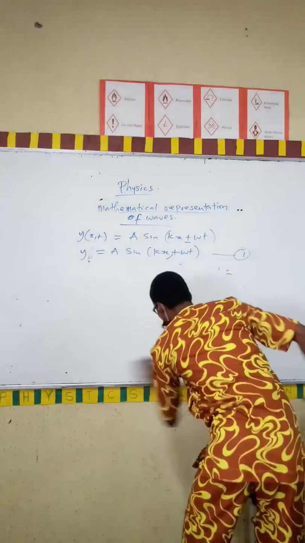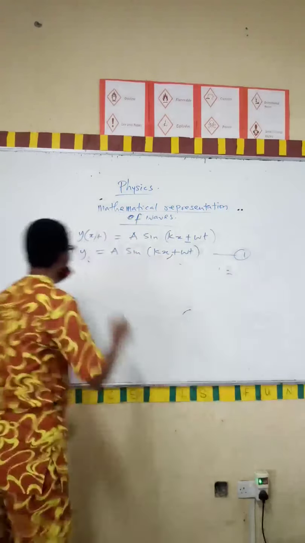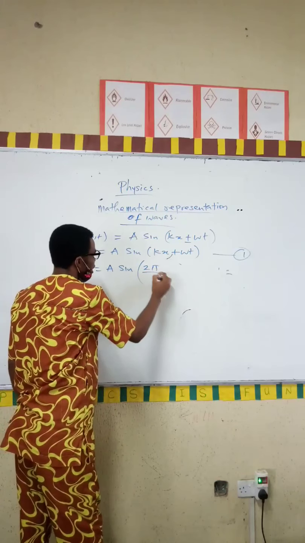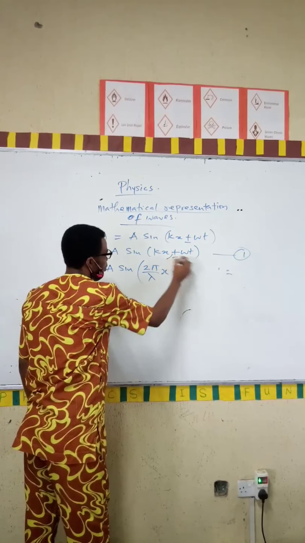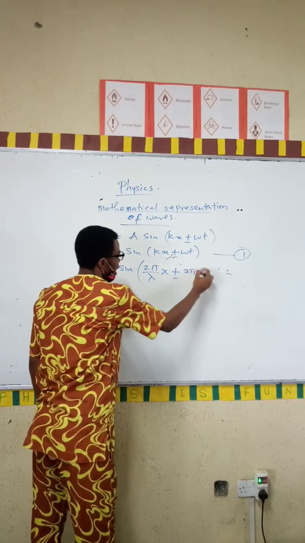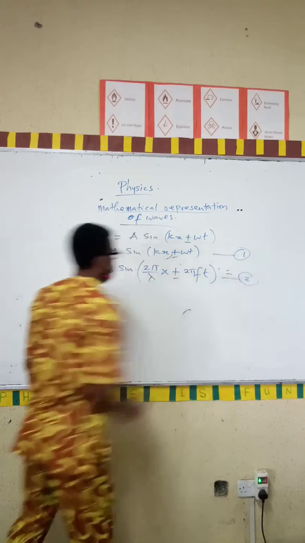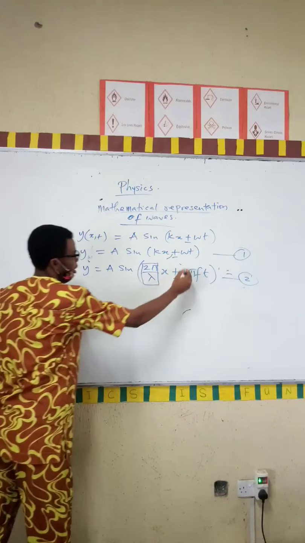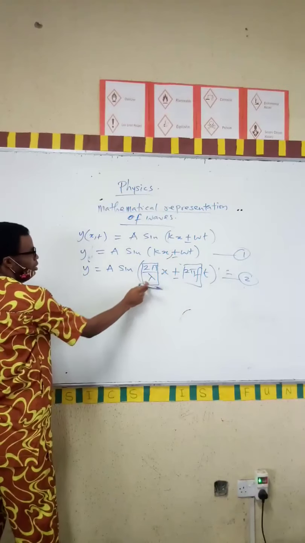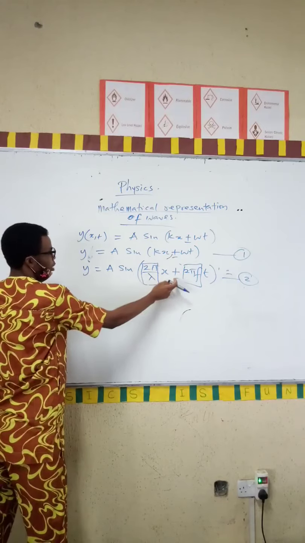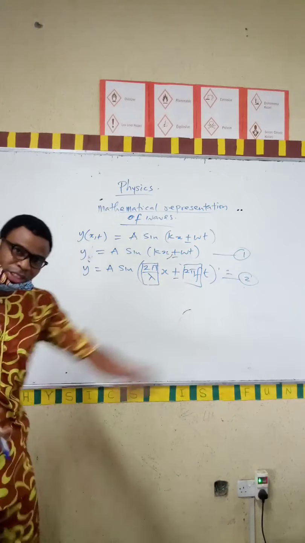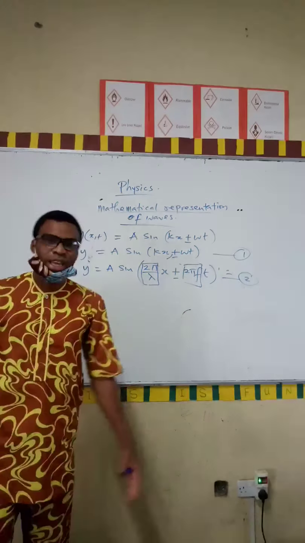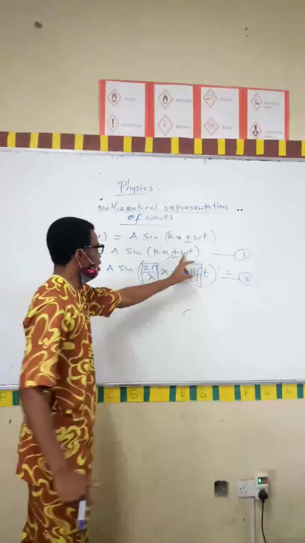If I do that, I have y = A sin(2 pi over lambda x ± 2 pi f t). Equation 2. You can see what I did here. k, this x, plus or minus. The plus or minus is the direction of the wave, whether it is moving in the positive or the negative direction. So 2 pi f, that is w, then your t.